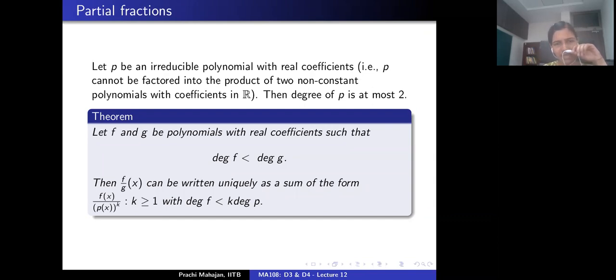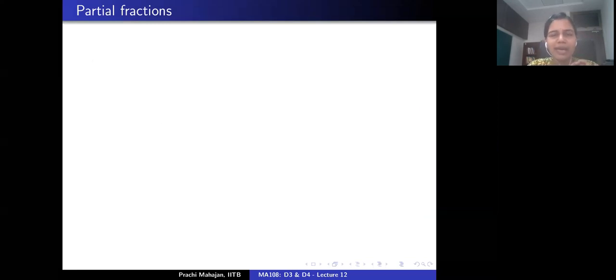Then one can write the rational function f by g uniquely as a sum of terms of the form f by p to the power k, where k is at least 1, and the degree of f is strictly less than k times the degree of p. This looks like so much going on, but it's very simple partial fraction decomposition, which you have been doing forever.